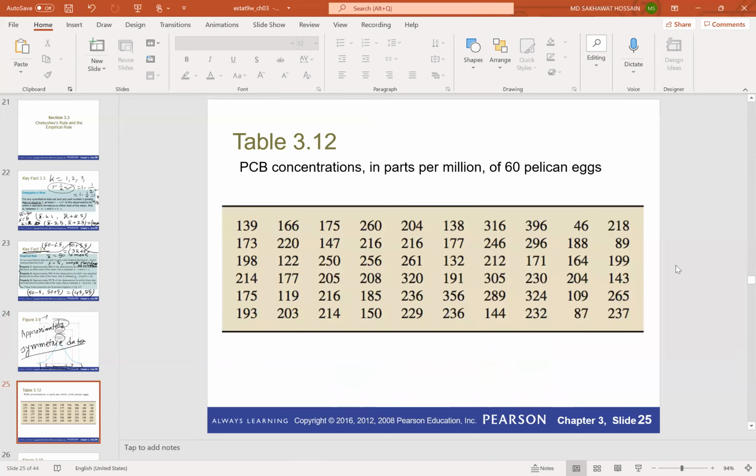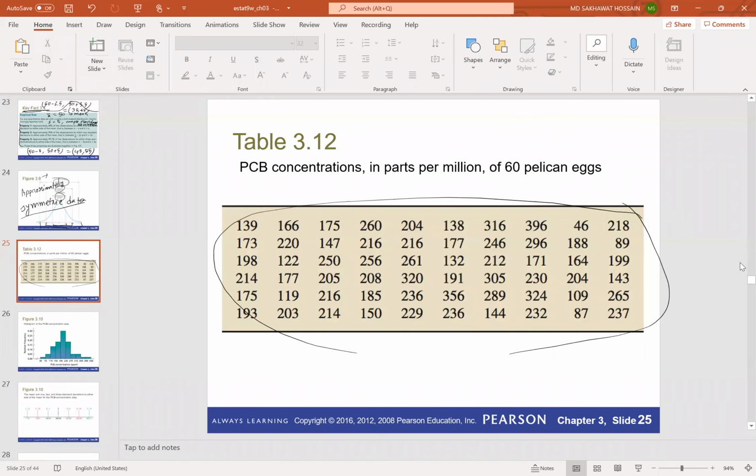Okay, so let's go over one more example. Table 3.12, PCB concentration in ppm, parts per million, of 60 pelican eggs. So we have these 60 numbers here. Now we'll calculate the sample mean and sample standard deviation, because we want to see the empirical rule in this case.